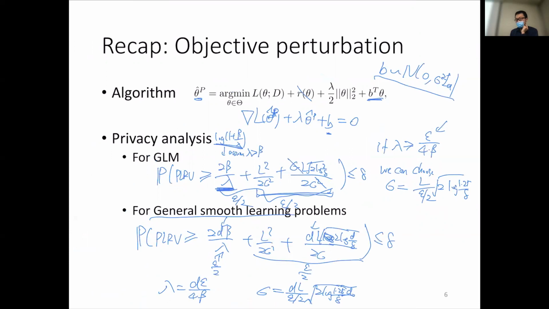There's another condition that this lambda needs to be larger than epsilon over 4 beta. This condition needs to be satisfied, and it gives a feasible region for this lambda parameter. When we optimize over lambda, we need to check that this condition is true.